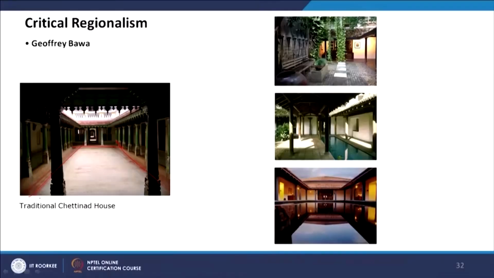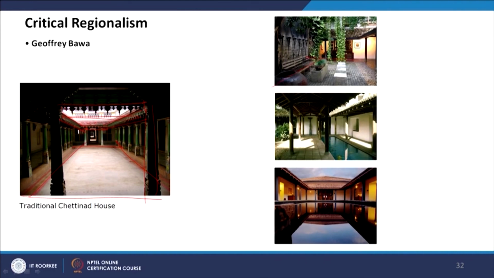This Chettinad style of building will have a courtyard, and these are the Chettinad columns, a particular style of southern Indian columns, and these are the design elements which will be added on the eaves of each and every slope, and a particular color tone is used in the earthen roof tiles, and the main design feature is the courtyard.